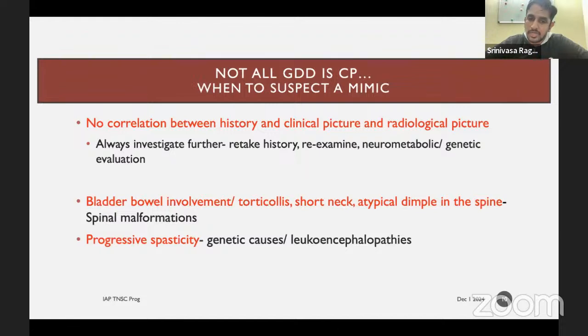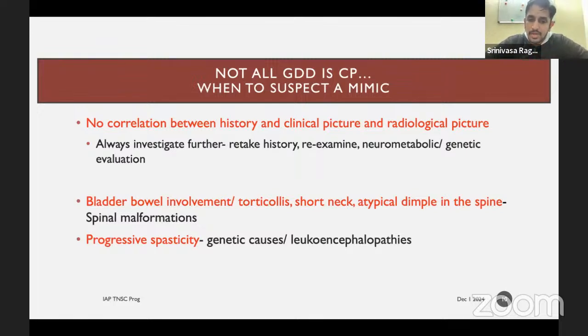So when there is no correlation between the clinical picture, the history of the patient, and the radiological picture, it is always worthwhile going ahead and investigating. How do you investigate further? Retake the history, re-examine, and do neurometabolic and genetic evaluation. Do not go by the referral notes or previous notes of a known case of CP. Please re-evaluate again.